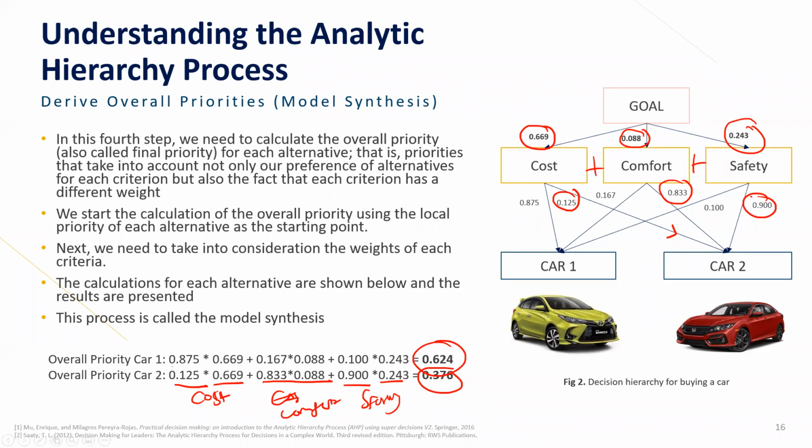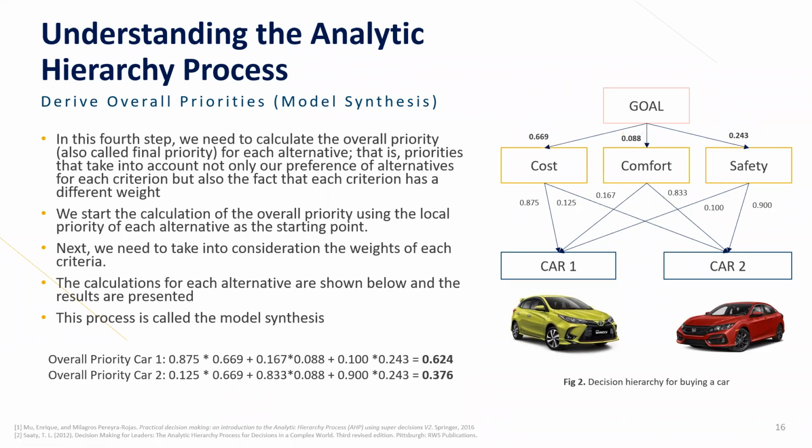Okay. This is the final judgment, the overall priority for our AHP model. Based on these settings, it means that based on this judgment we prefer car 1, because the overall priority, considering cost, comfort, and safety, is much higher than car 2.